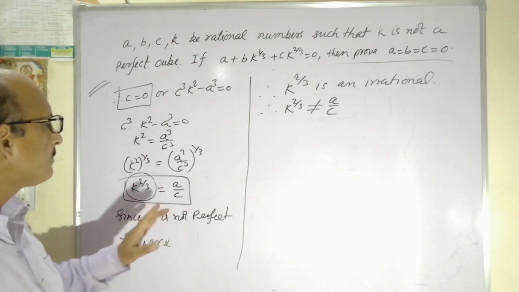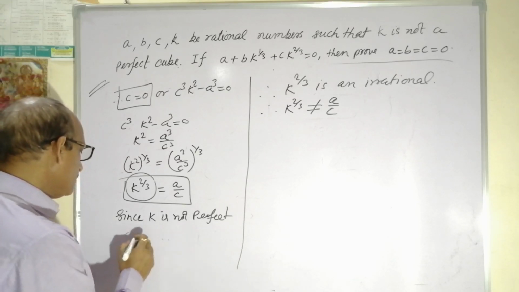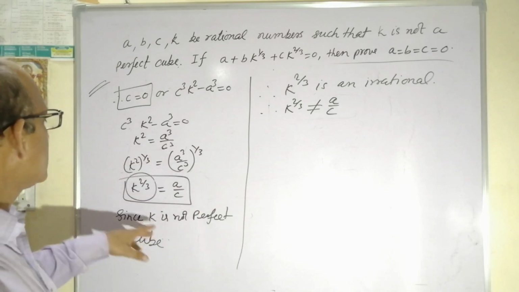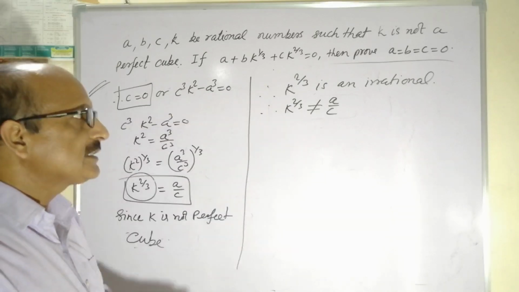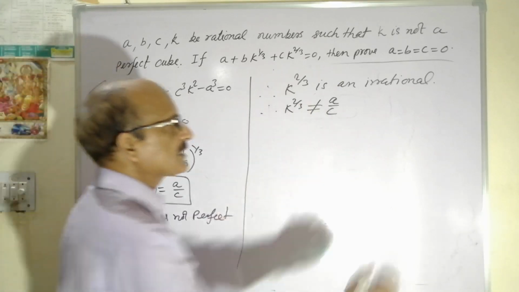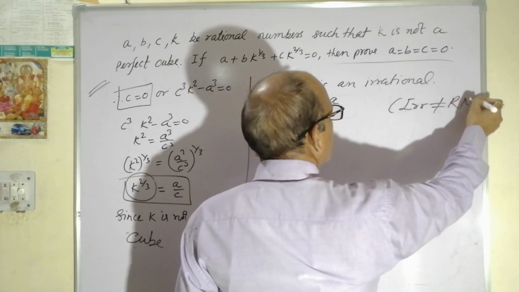But k is not a perfect cube. Sorry, k is not a perfect cube. It means k^(2/3) is irrational, and irrational can't be equal to rational.